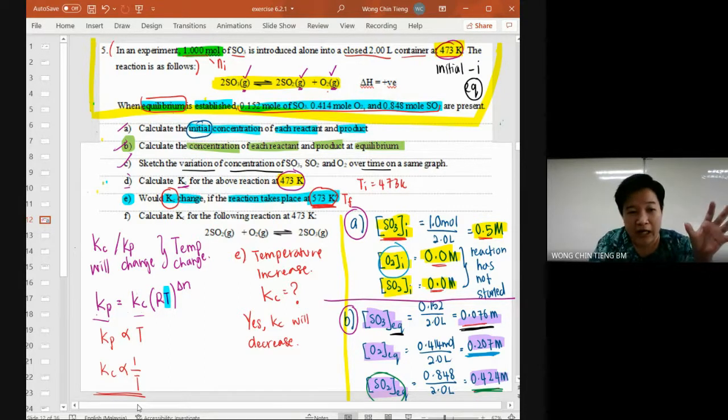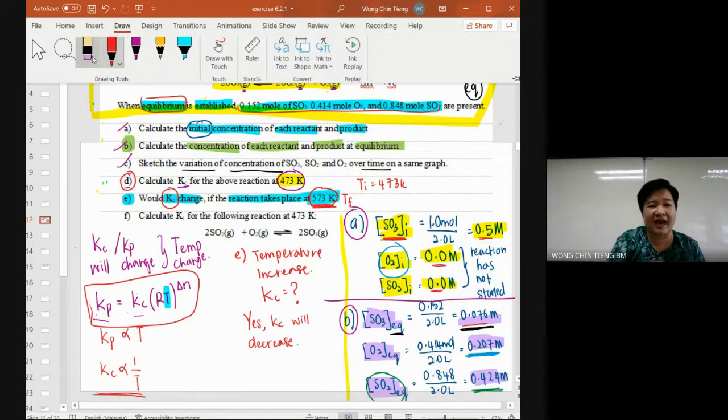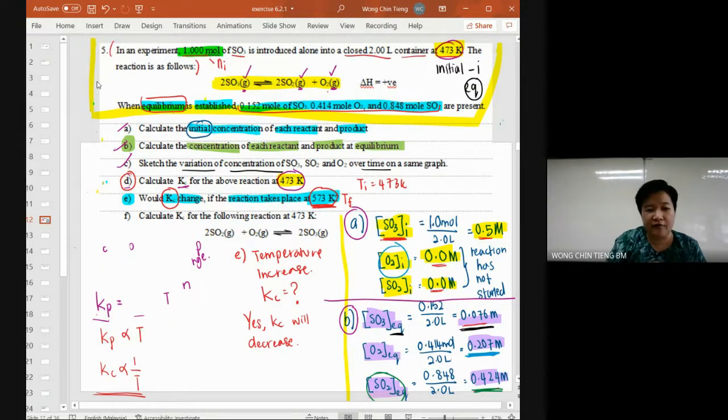So, bear in mind, this conclusion comes from the formula. Any problems? Clear? Easy. Before we look at question E, I have an extra question. I have the KC already, the KC calculated in your D. Use that KC. I want KP at 473 Kelvin.